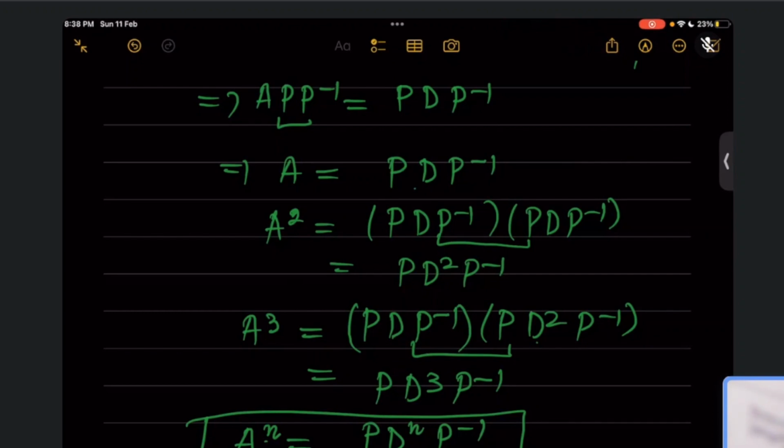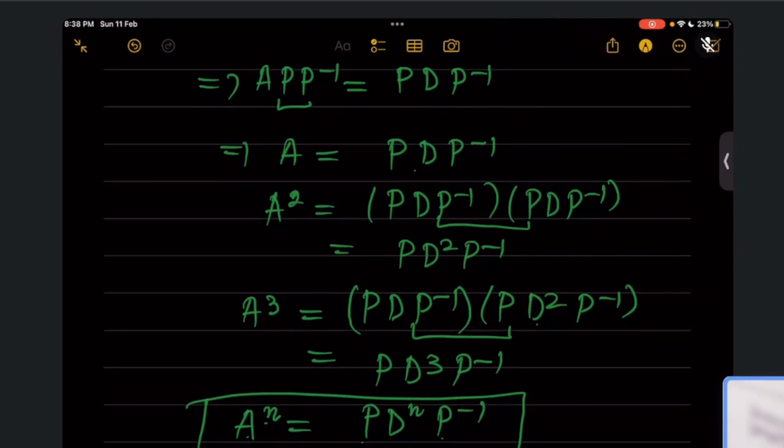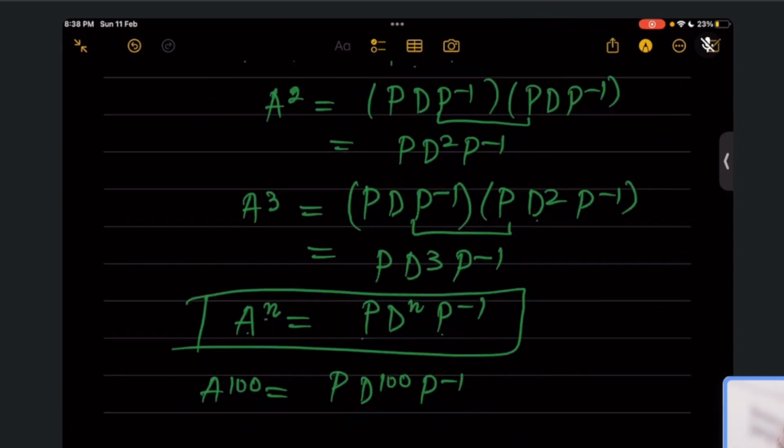If I give in this question that find A to the power 100, that will be nothing but P, then D to the power 100, then P inverse, and here D to the power 100 will be nothing but 1 to the power 100 is 1, 0, 0, 4 to the power 100, which you can find easily. Then you can multiply these 2 cross 2 matrices and you will get the higher powers. So that is why this concept was important.